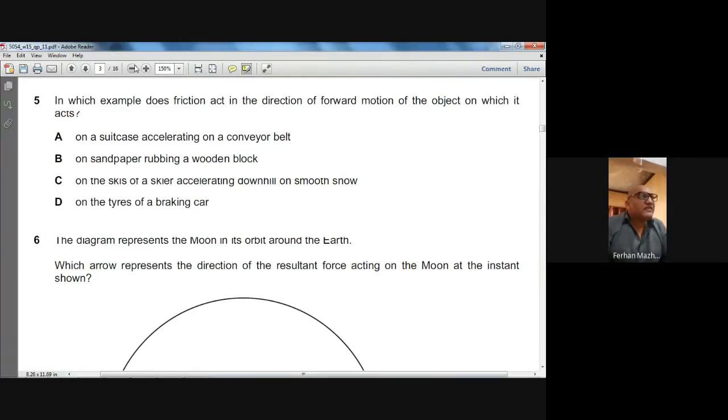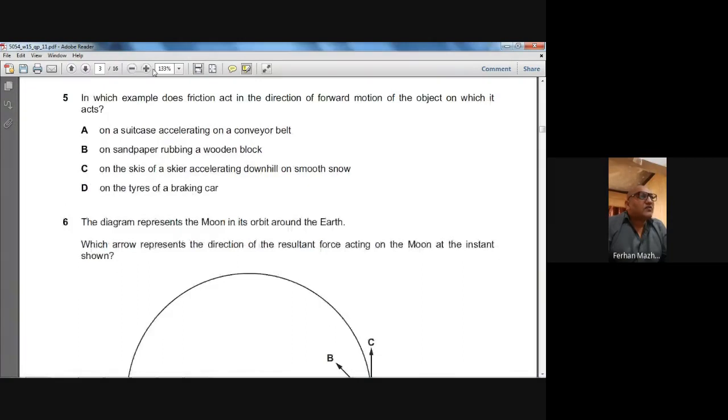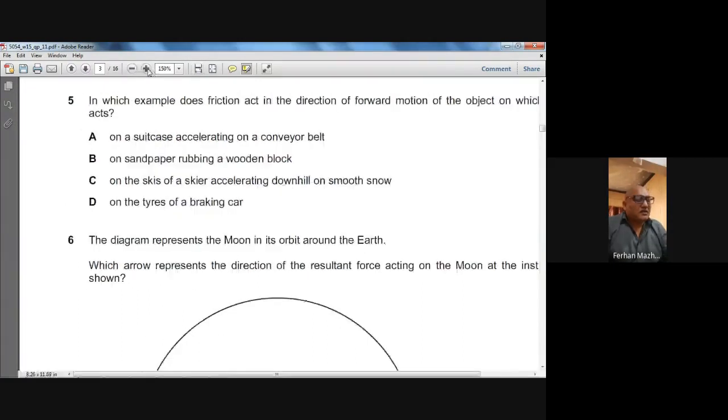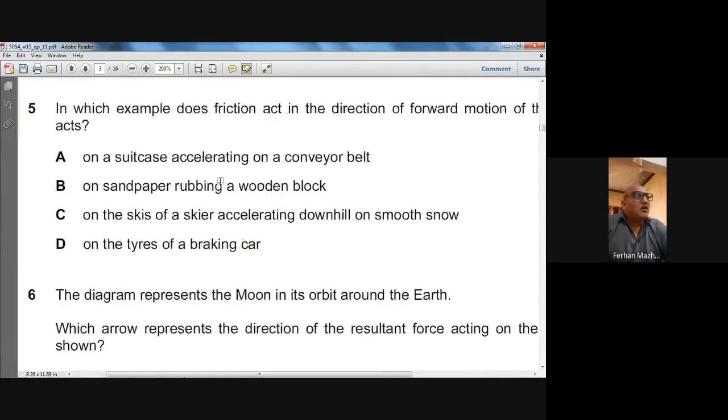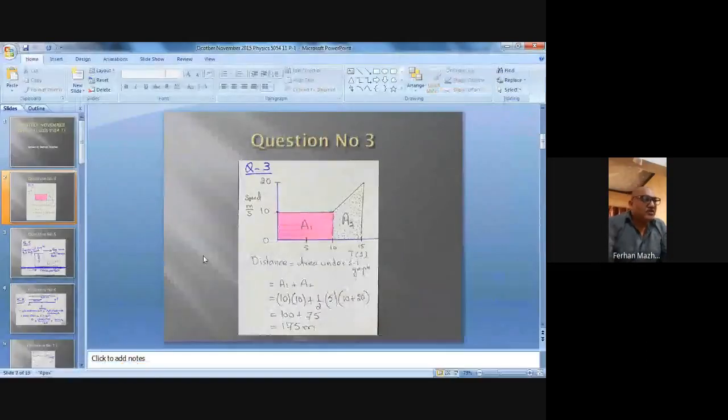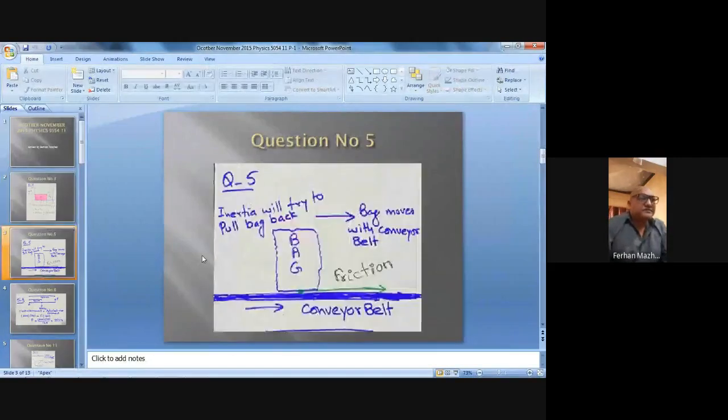Let me change the size a little bit so you can see it more clearly. So let me show you my work.